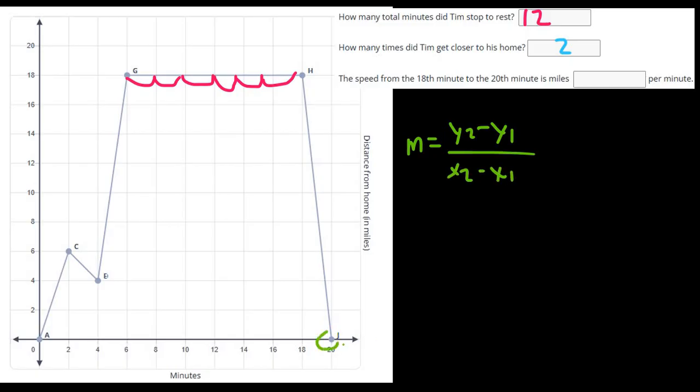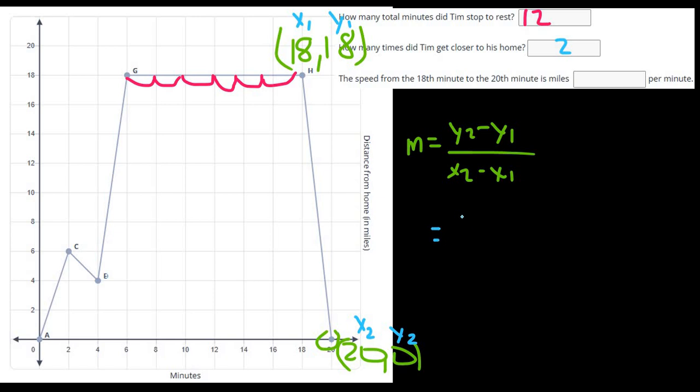Down here's the point 20 comma 0, and up here is the point 18 comma 18. I'm going to identify my first x, first y, second x, and second y, and I put those values in.